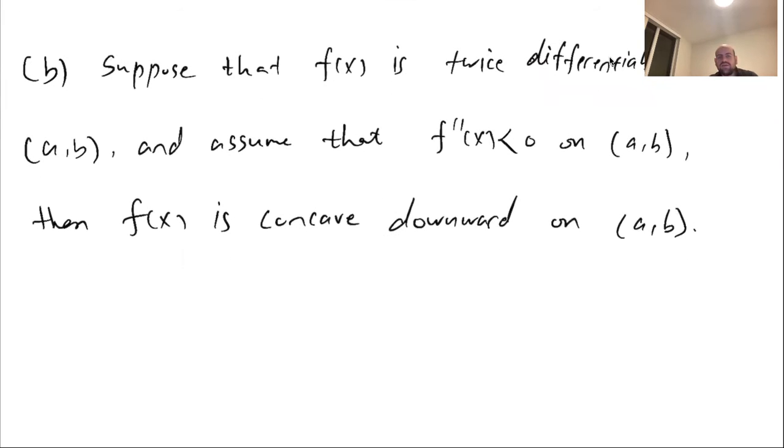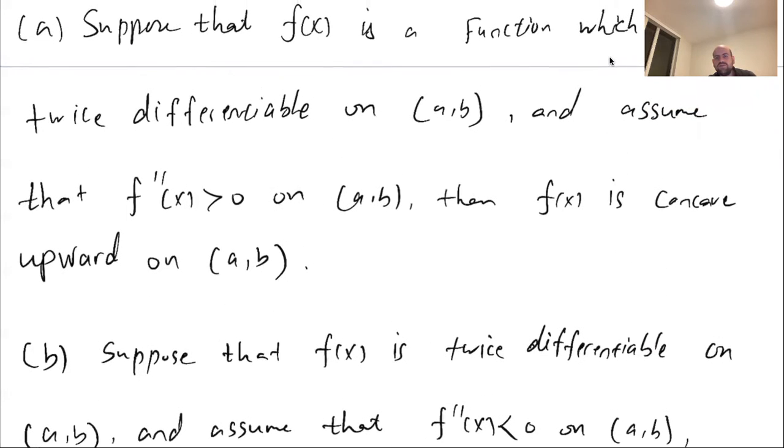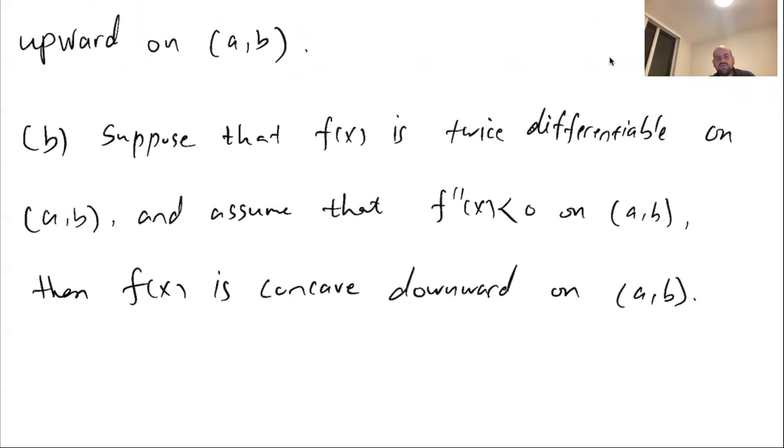Okay, so second derivative being positive implies concave upward. Second derivative being negative implies concave downward.